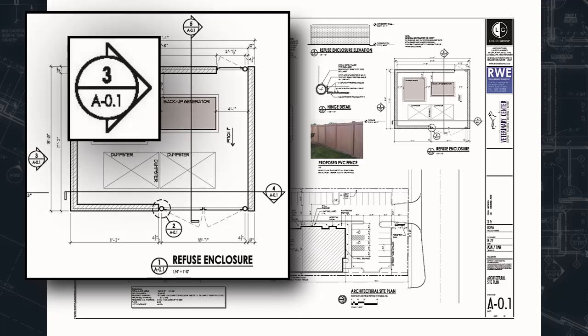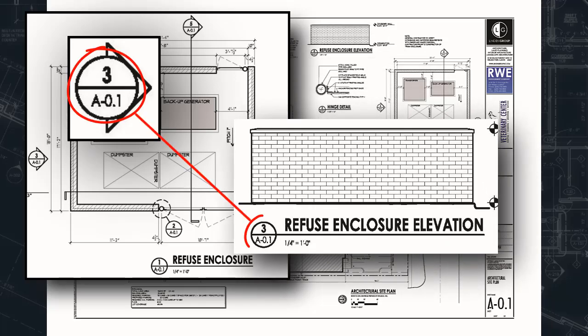And when we look at the details of that elevation, on the top it gives us an elevation number, and on the bottom it gives us the page we can find it on. What's really interesting about this one is that the page it says we can find it on happens to be the page that we are on. So we don't even have to flip pages. We just look on the same page and we're going to find our elevation. And here it is.